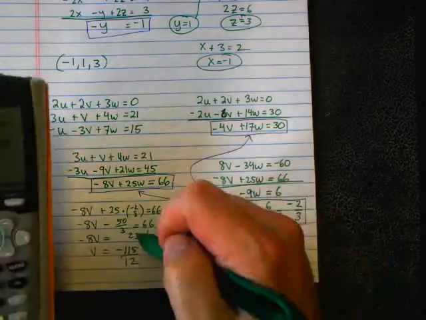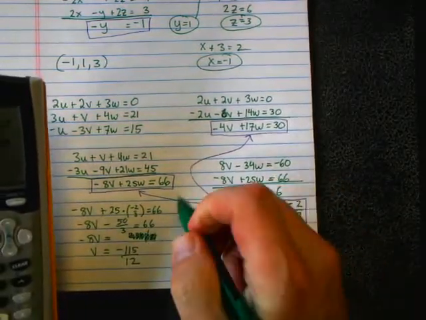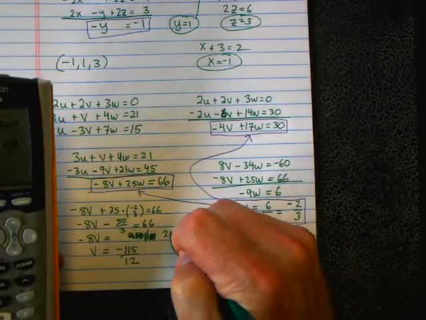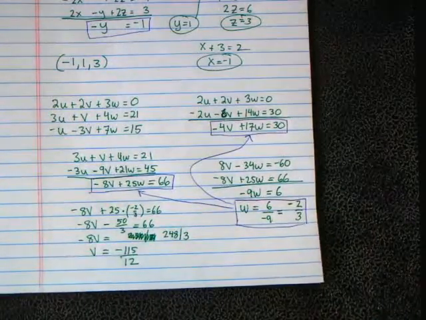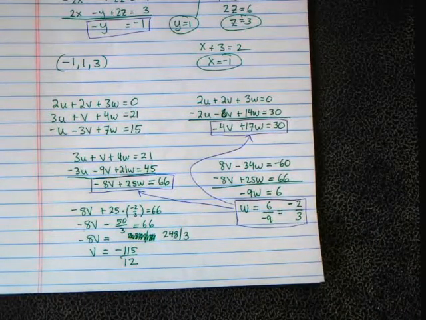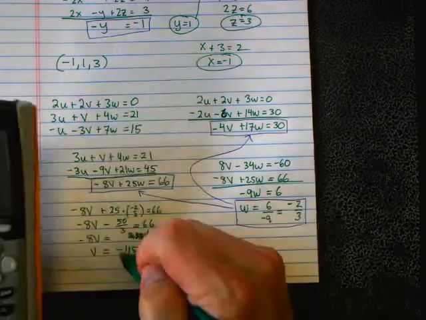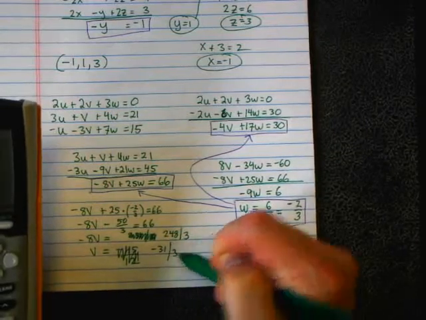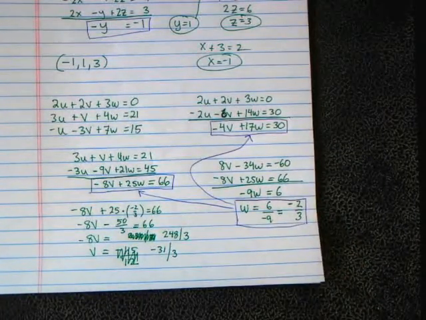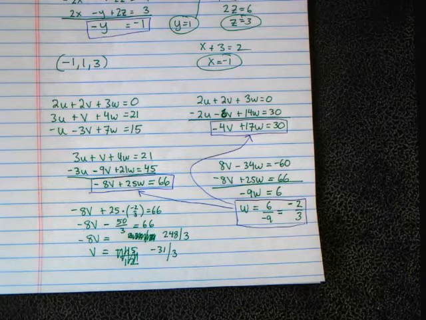That might help. You're right. You're listening to me, that's good. 248 over 3 is what it should have been. Divide that by negative 8. All right, that one's not so bad. Negative 31 over 3. Still starting to get a little nervous. We'll see in a minute.